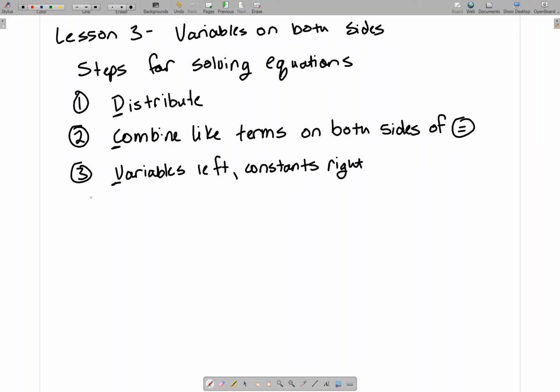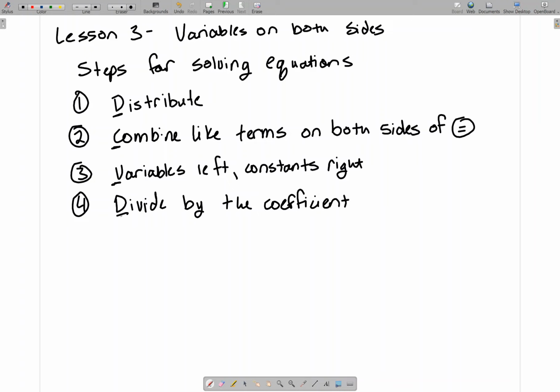And then step 4, once you have all of that done, is to divide by the coefficient. Oops, it would help if I could spell divide correctly.